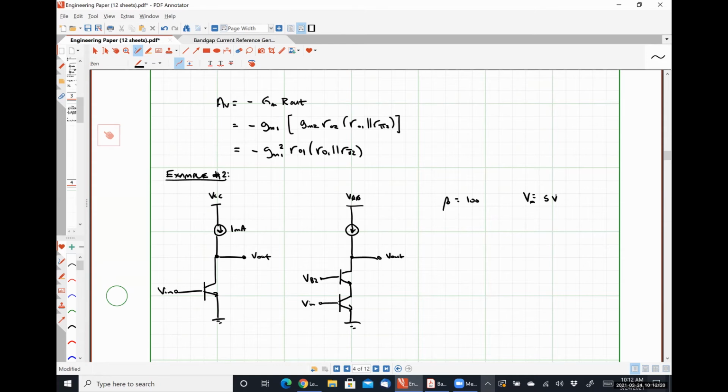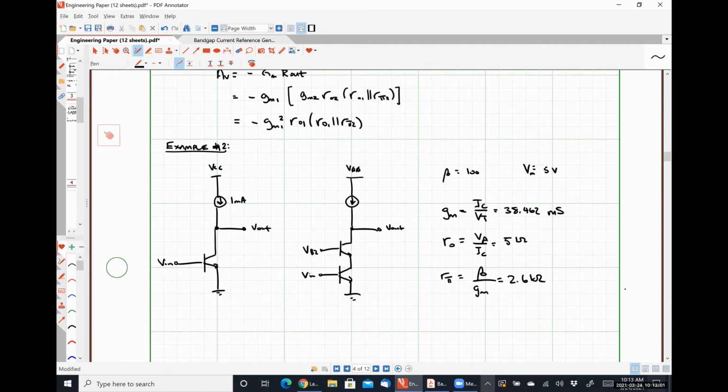So from this information, our transconductance for all of our transistors is going to be IC over VT, which is 38.462 millisiemens. Our early effect resistance, VA divided by IC, gives us 5 kiloohms, and our internal resistance R pi, beta over GM, is 2.6 kiloohms.